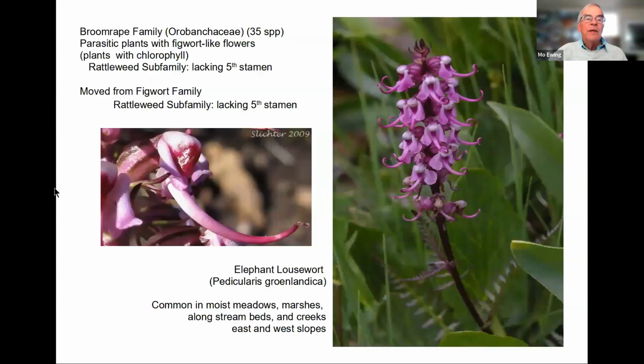Another one of my favorite plants is elephant lousewort, Pedicularis groenlandica. We saw this one early in the first section, but it's my favorite, so I'm going to show it again. It's common in moist meadows and marshes along stream beds. And this was one that was moved into the broomrape family, Orobanchaceae.